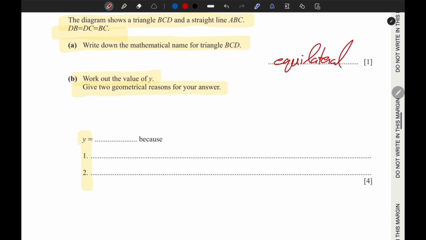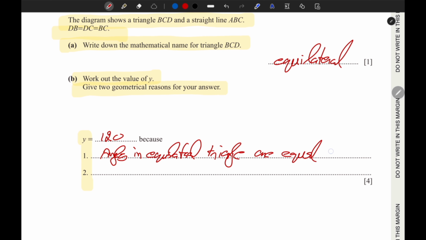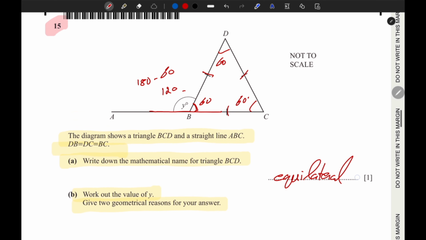So the value of y is going to be 120, and the reasons are: first, angles in an equilateral triangle are equal and they are all equal to 60 degrees. And then, linear pair of angles whose sum is 180 degrees. So these are the two reasons for this.